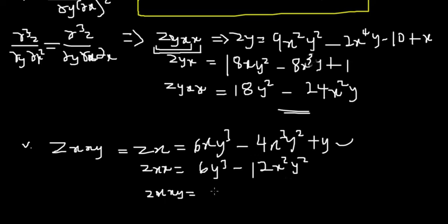Now we are taking the partial derivative of z with respect to y from what we initially had. So we have 18y squared, then minus 24x squared y. Right, so I hope this video was very, very helpful.